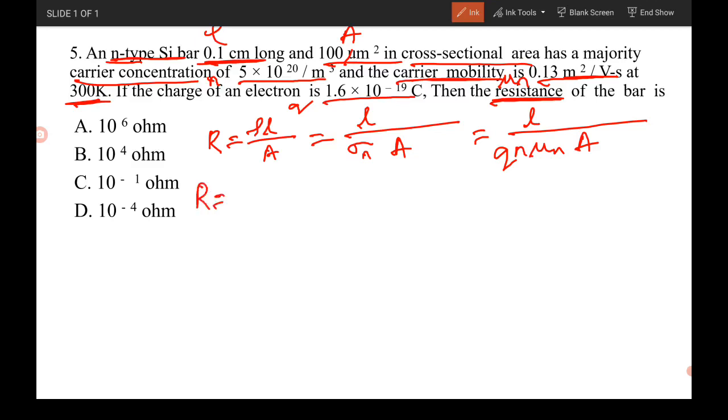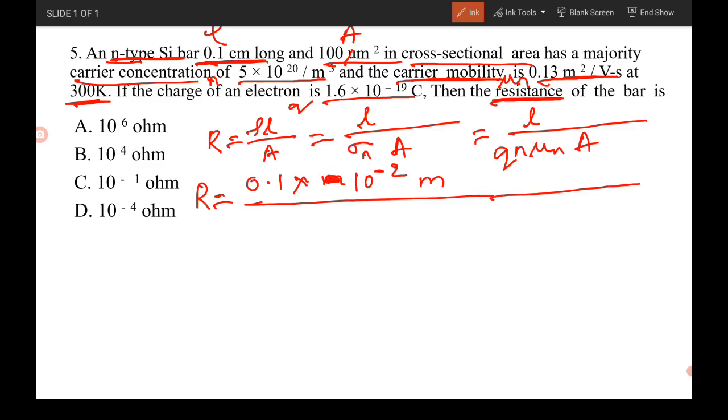So R is equal to, L is how much? 0.1 centimeter. We need to convert it into meters for easy calculations because your concentration and mobility are given in meters. So here it is 0.1 into 10 to the power minus 2 meters. Now we will be substituting for Q. Q is 1.6 into 10 to the power minus 19 coulombs times n.